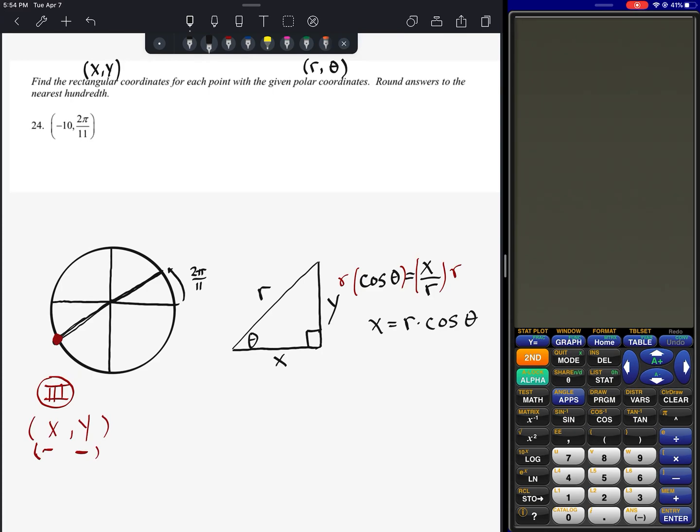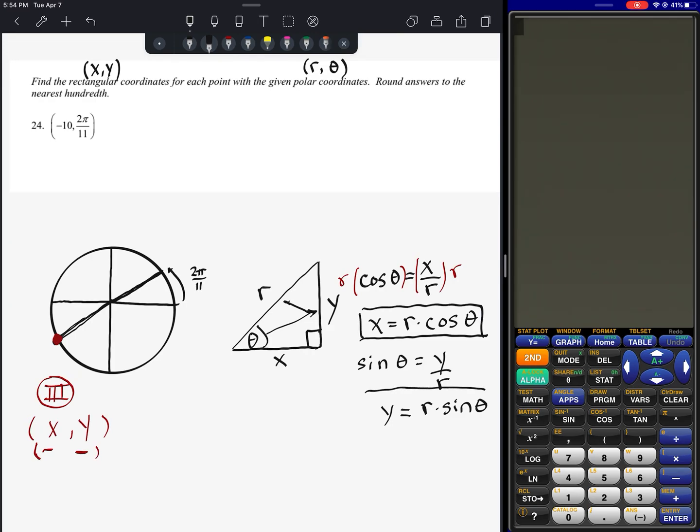And similarly for our y's, the sine of theta is the opposite over the hypotenuse, equal to y over r, and multiplying both sides by r, we get that y equals r times the sine of theta. When we're converting from polar to rectangular coordinates, we can use these formulas.